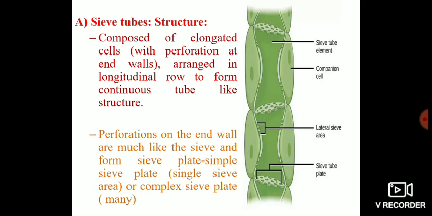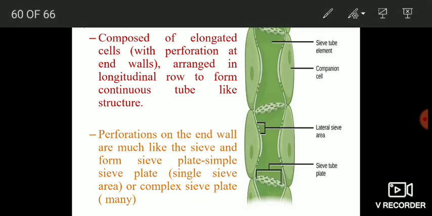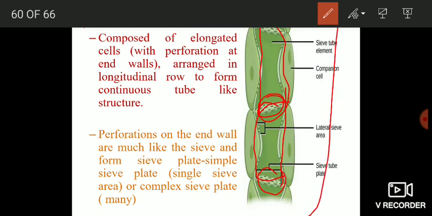Sieve tubes are composed of elongated cells with perforations at end walls, and these cells are arranged in a longitudinal row to form continuous tube-like structure. Here you can see you have a number of sieve tube elements, and these sieve tube elements are placed one above the other, and they also possess perforations at their end walls to result in the formation of a long tube-like structure which is known as sieve tube.